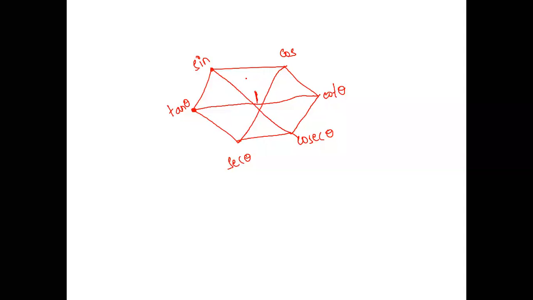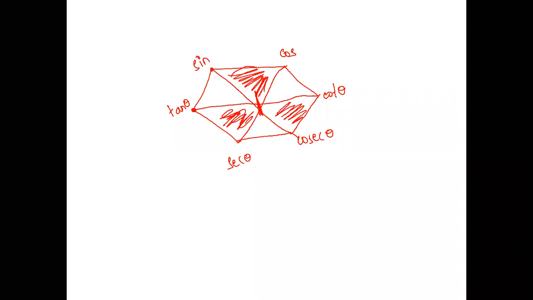Then how to remember the trigonometric identities? Here in the middle there is 1. Can you see that shaded area? The shaded area represents a triangle.